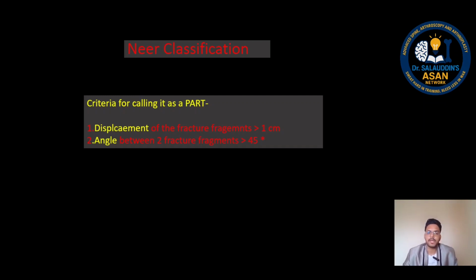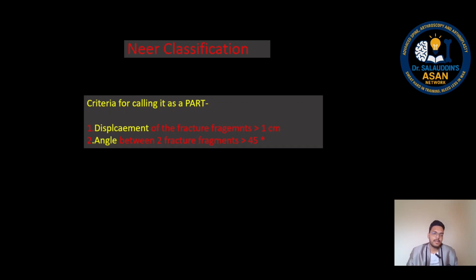Coming to Neer's classification, he divides the proximal humerus into individual parts. The clinical importance of Neer's classification is that he gave criteria for calling a part an individual fragment. So when do you call a part in Neer's classification? When the displacement of the fracture fragments is more than 1 centimeter, and the angle between the two fracture fragments is more than 45 degrees, then we call it a part.